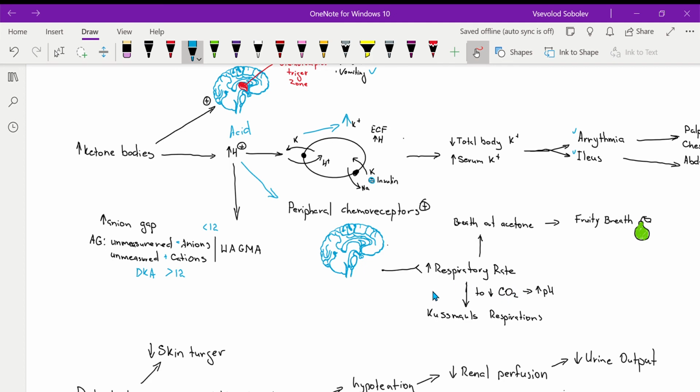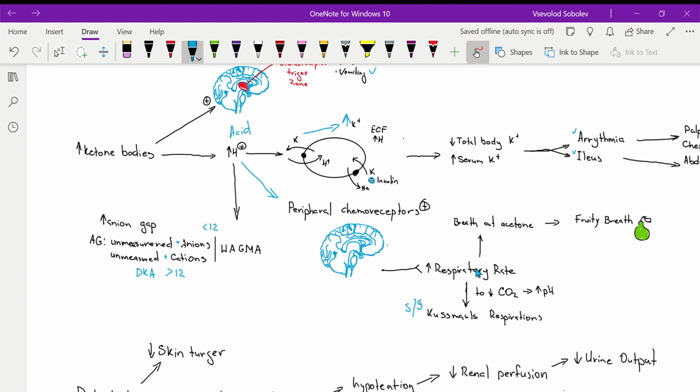The carbon dioxide, which plays a part in the carbonic anhydrase chain, is being blown off, and this way the body's pH is being regulated. This leads to our sign and symptom of Kussmaul respirations.